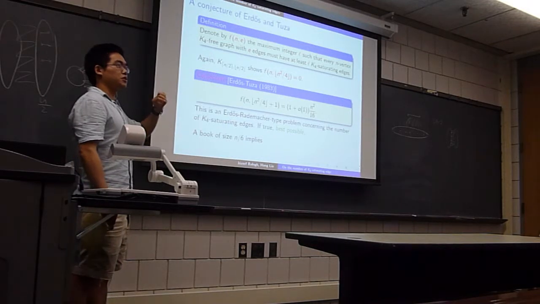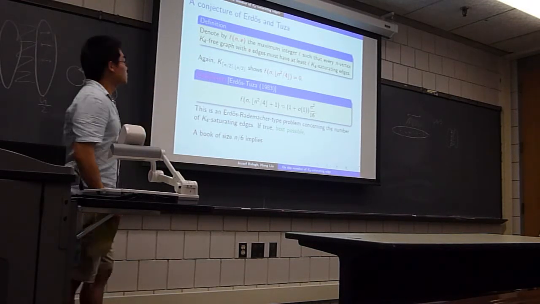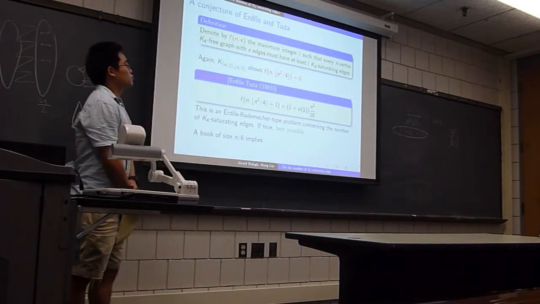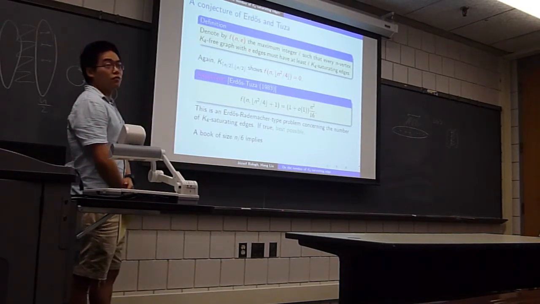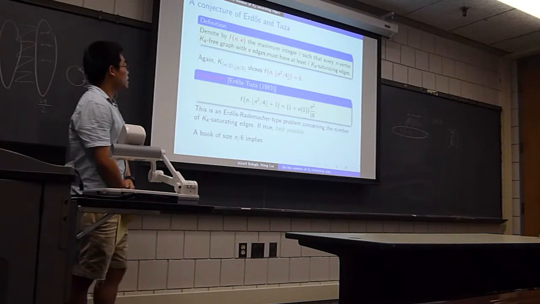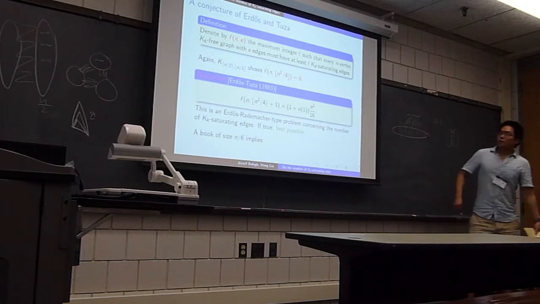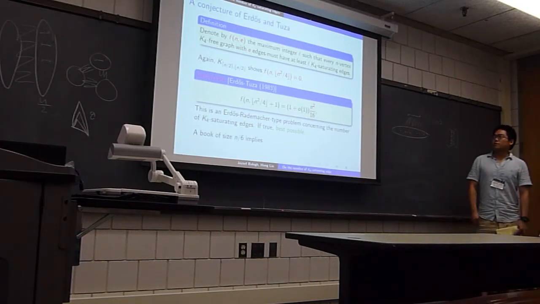So this is a jump from 0 to quadratic. This is their conjecture, and again it is an early Rademacher type problem concerning the number of K4 saturating edges. And if this is true, then it should be best possible.